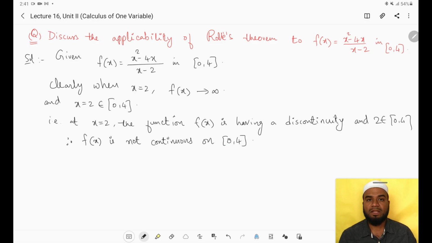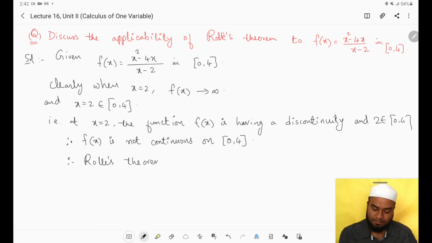When f of x is not continuous, the first condition is violated here. To apply Rolle's theorem, we should have f of x continuous. But here f of x is not continuous on the closed interval 0 comma 4.